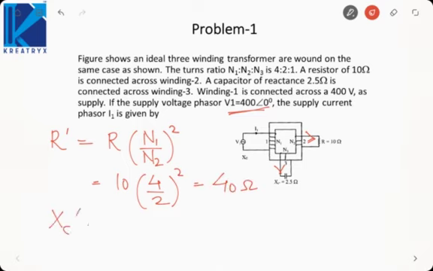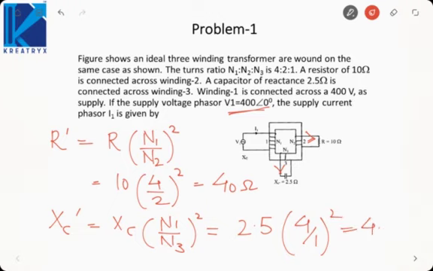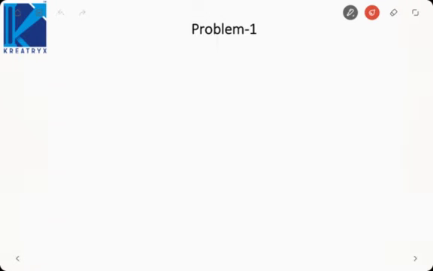Similarly, if we transform XC dash, it will be XC into (N1 by N3) whole square. XC is 2.5, N1 by N3 will be 4 by 1. It is 40 ohm.